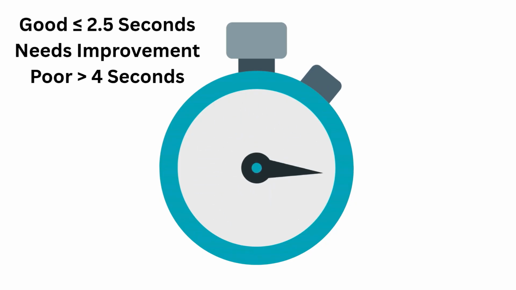Think of them as three teammates working together. LCP checks how quickly visitors can actually see the important content. INP checks how quickly the website reacts when someone clicks or taps. CLS checks whether the page unexpectedly moves while loading. If all three perform well, Google considers your website to offer a good user experience.